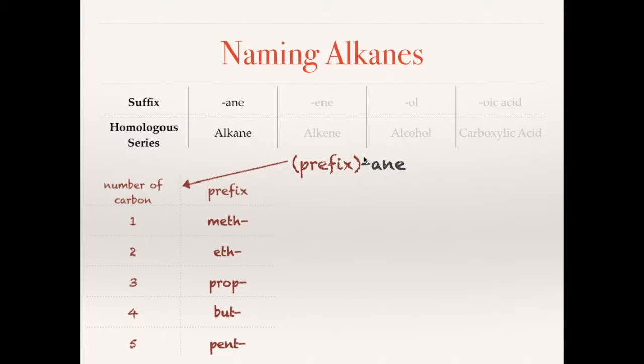The prefix is determined by the number of carbon atoms. One carbon atom gives meth, 2 gives eth, 3 prop, 4 but, and 5 pent. Putting the prefix and the -ane suffix together, we get the names of the various alkanes: methane, ethane, propane, butane, and pentane.